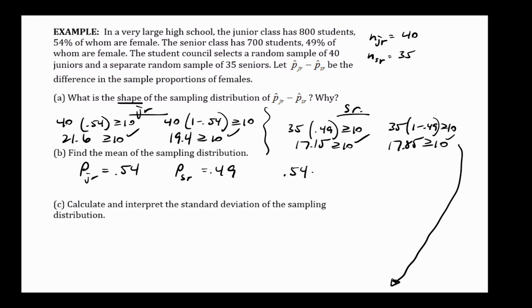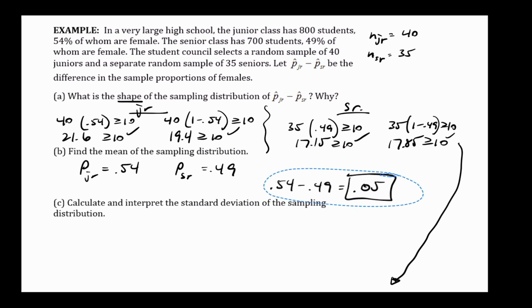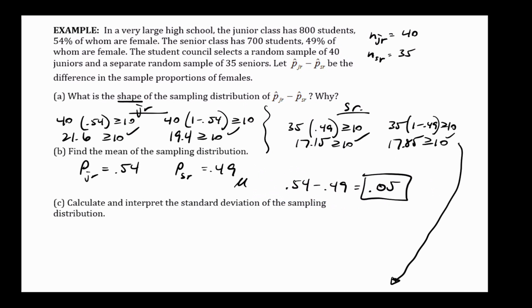So we're going to subtract 0.54 minus 0.49, and we're going to get a difference of 0.05. Probably should label that a little better.